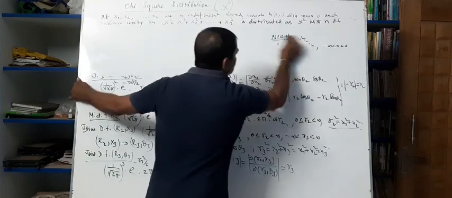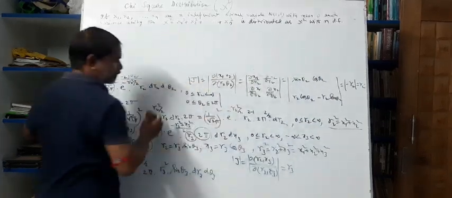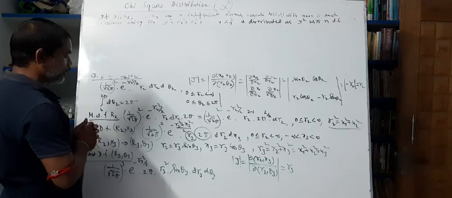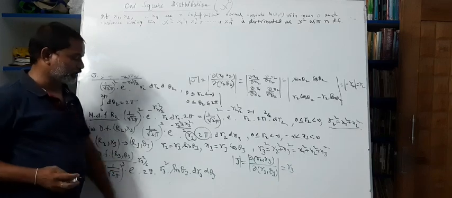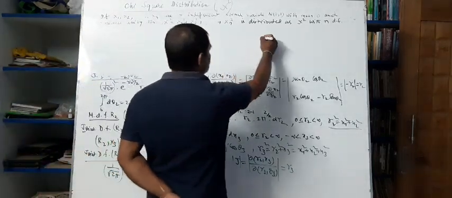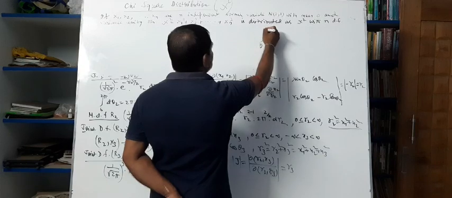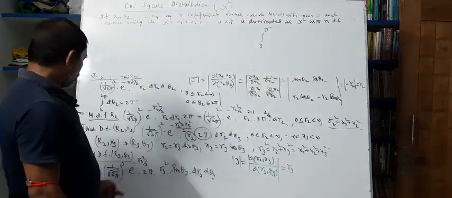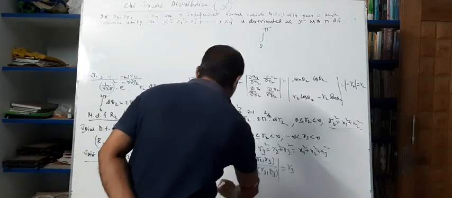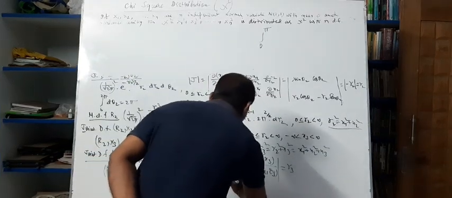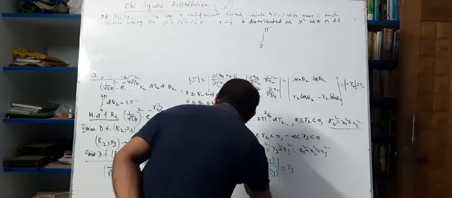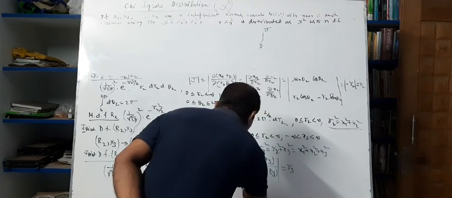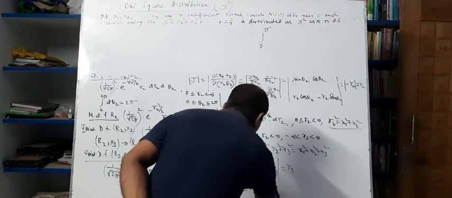So for the marginal distribution function, as R3 and theta 3 are independent, we integrate 0 to pi. For this transformation the limits can be written as 0 less or equal to R3 less than infinity and 0 less or equal to theta 3 less than pi.